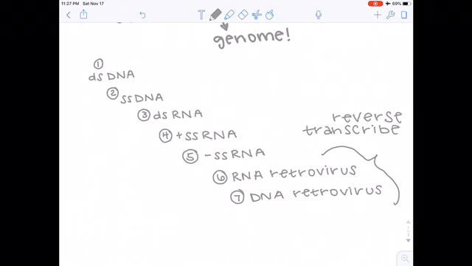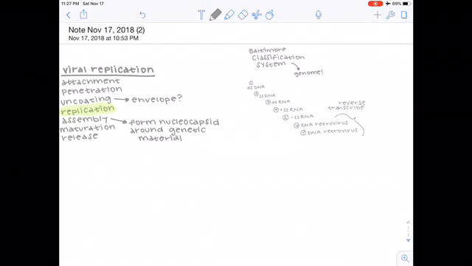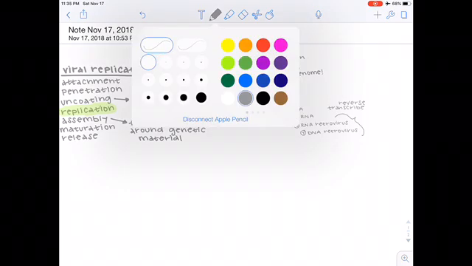All right, we are going to go ahead and dive in to the first classification, which is double-stranded DNA. And I'm going to zoom in down here to give us a lot of space, make sure we're not running into anything.